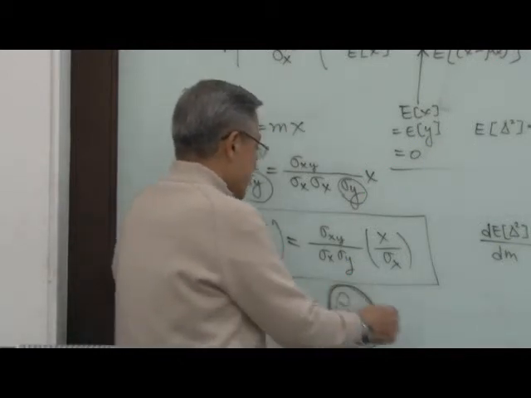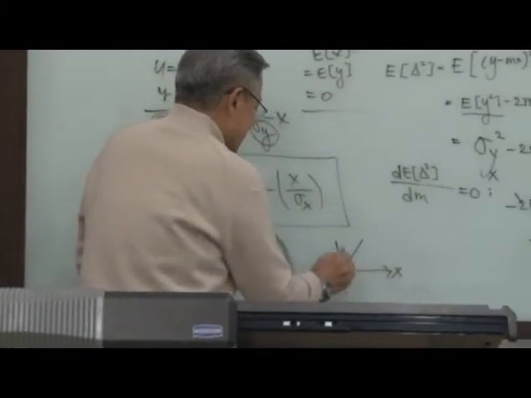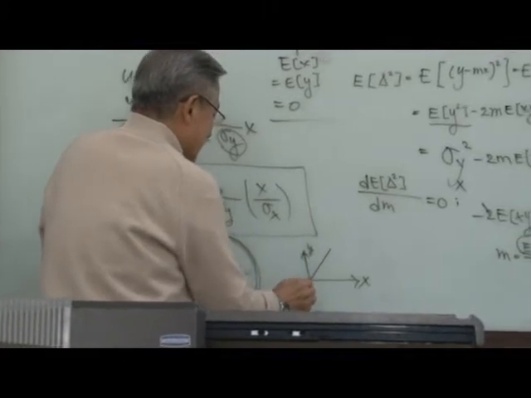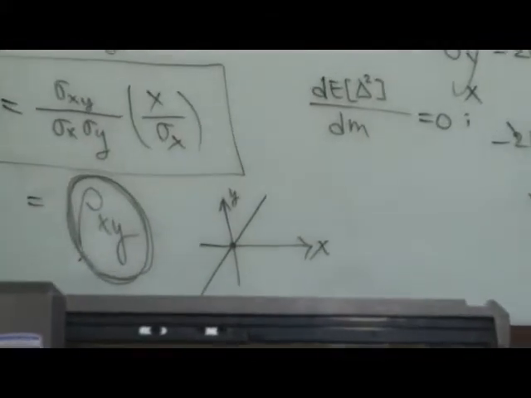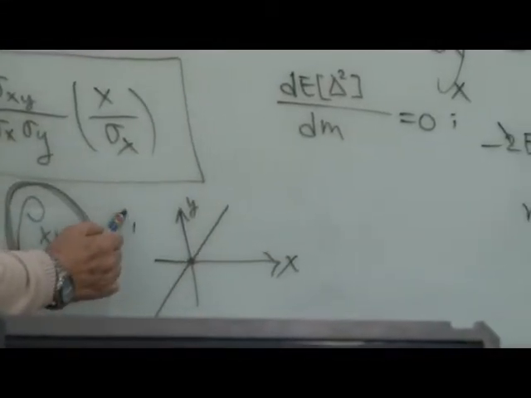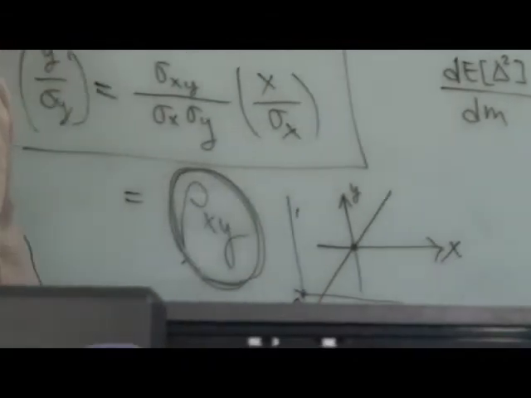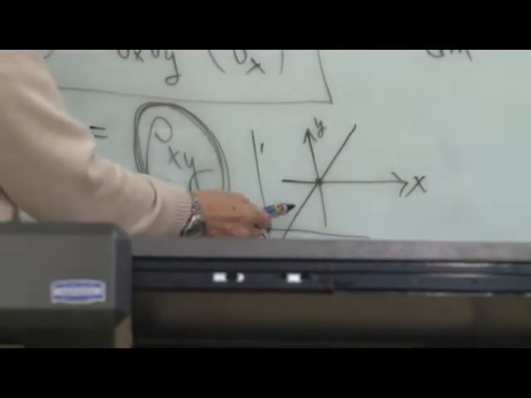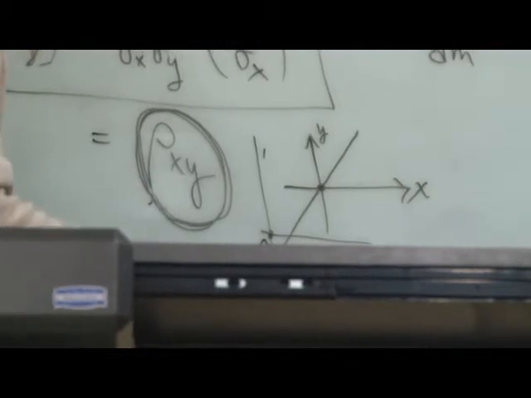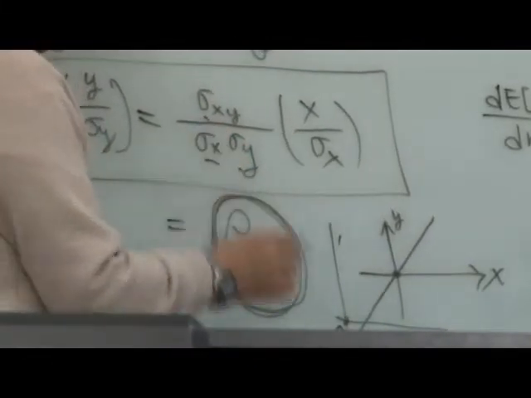So this case over here is like this, x and y, right? And in this expression, whether the CG is here or out here doesn't make any difference. If the CG is way out here, the mean of x and mean of y are not 0, then you have to take into account the expression for this.